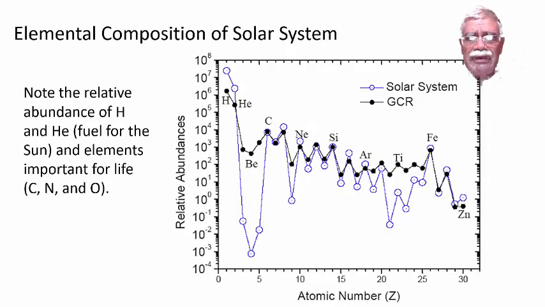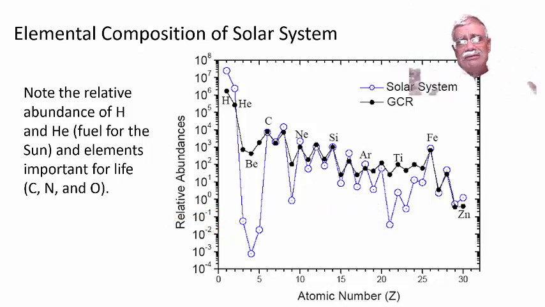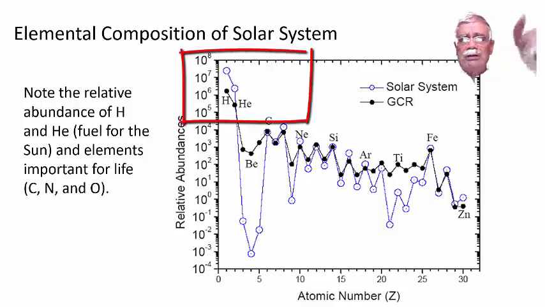Another interesting thing, again, because I'm a chemist, I suppose I find this interesting, is the elemental composition of our solar system. If you look at the blue line, or the blue circles, this is the elemental composition of the entire solar system, counting the sun and all of the planets. And this information can be obtained by various types of spectroscopy. You see that we have a lot of hydrogen and helium. That's the first two dots at the top of this graph.